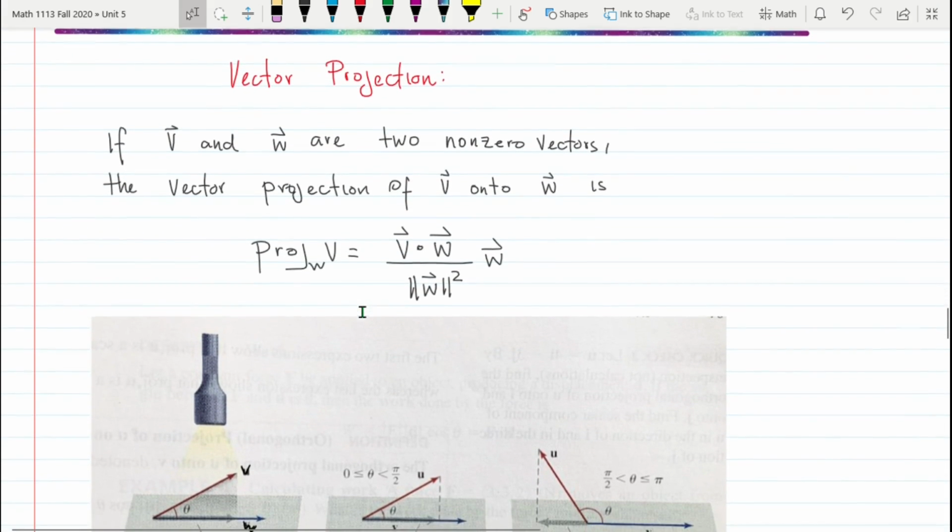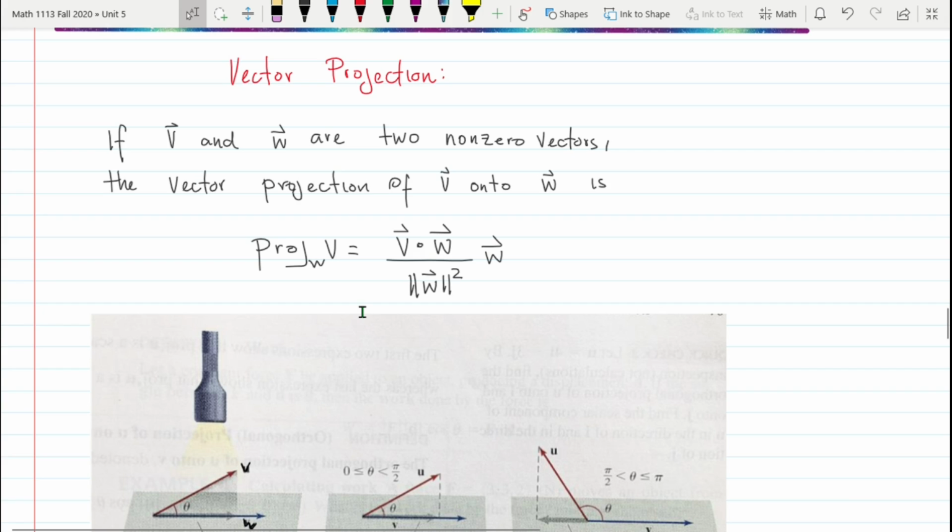Now let's talk about something very interesting, but a little bit confusing. Vector projection is the following. You have vectors v and w, and they are non-zero vectors.